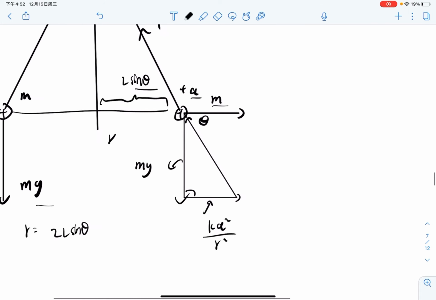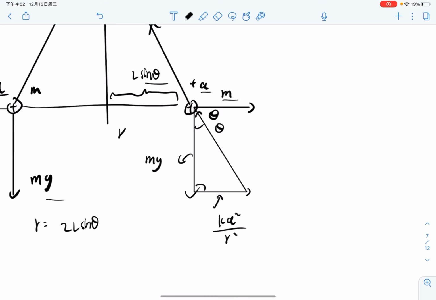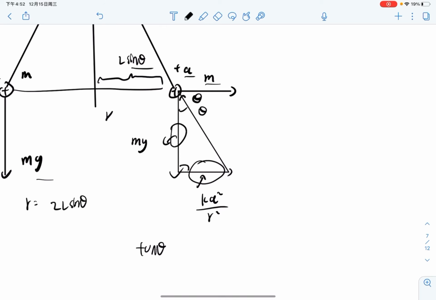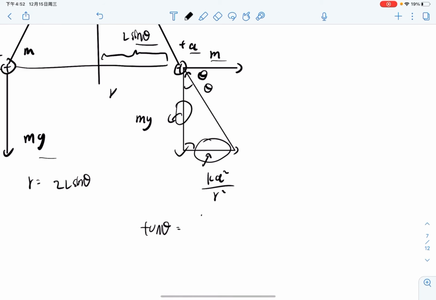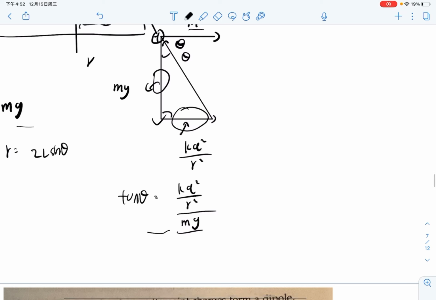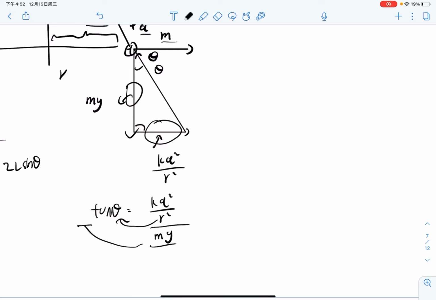Now for the force, we know that tangent theta is equal to this side divided by this side, which is equal to kq squared divided by r squared, divided by mg. Now if you move mg to that side and r squared to that side, you get tangent theta times mg times r squared is equal to kq squared.